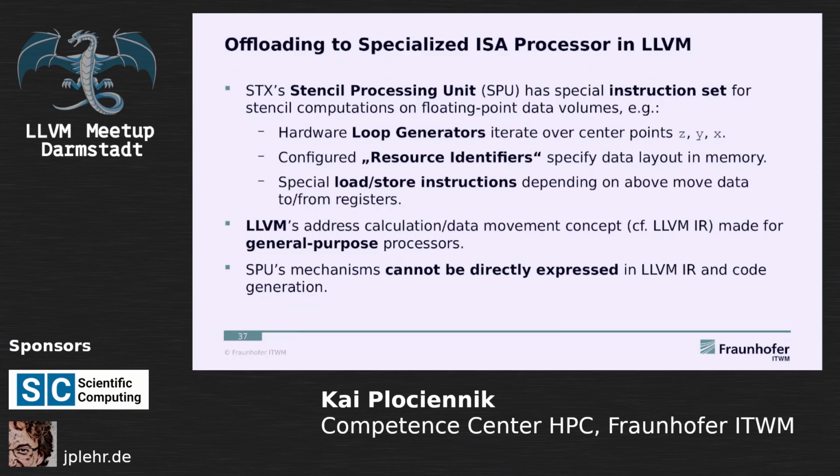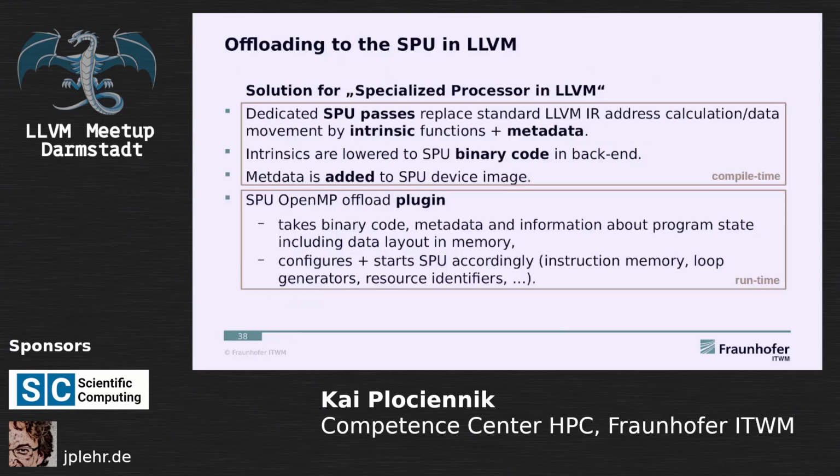But nevertheless, we need to generate binary code for it and offload to it automatically at runtime. And the solution we went for was, by using dedicated SPU passes, we replace standard address calculations and data movement in IR by intrinsic functions plus metadata.